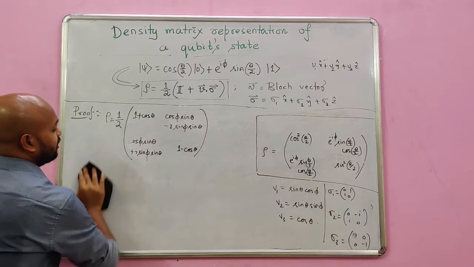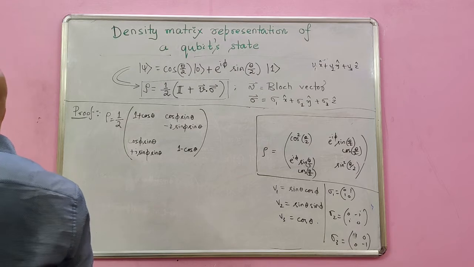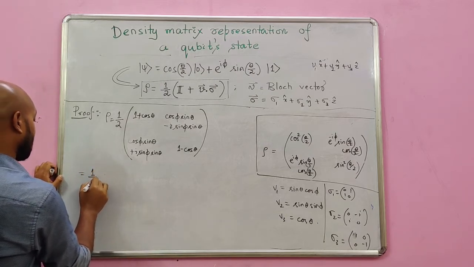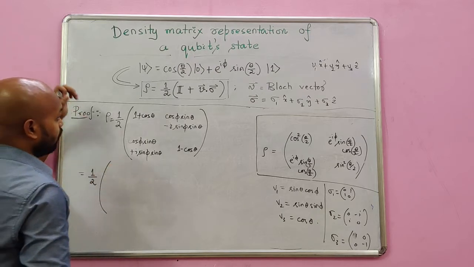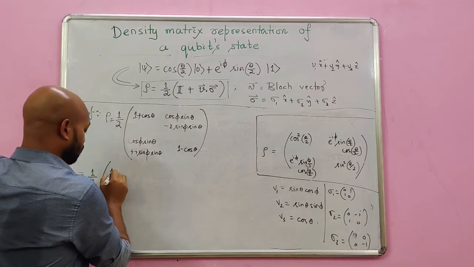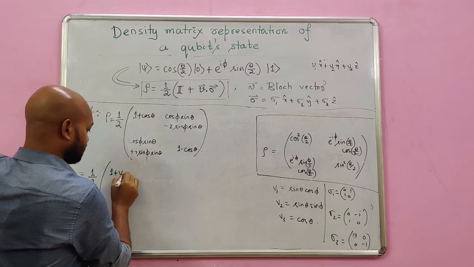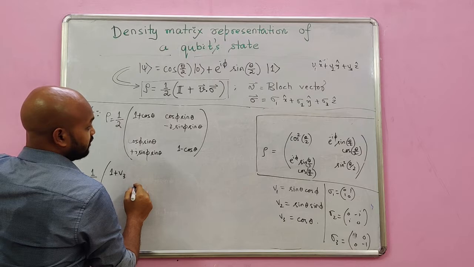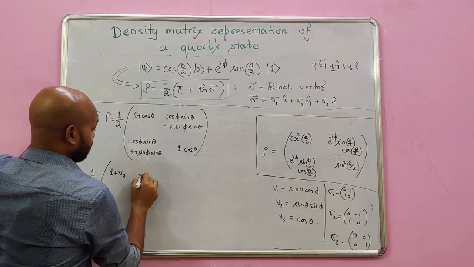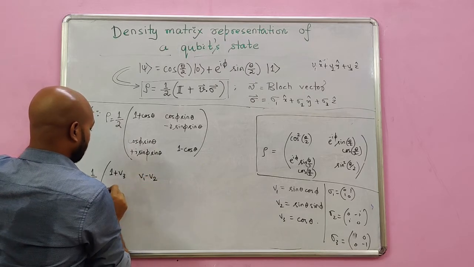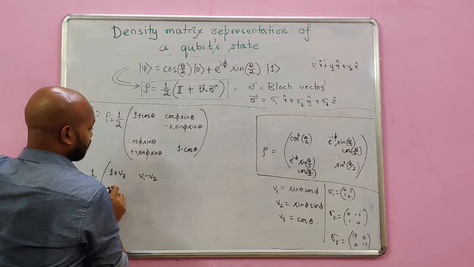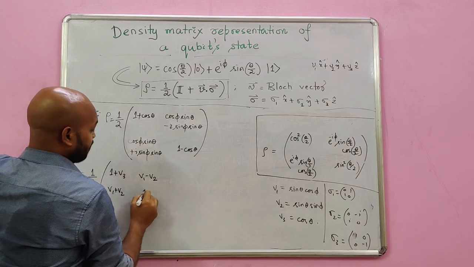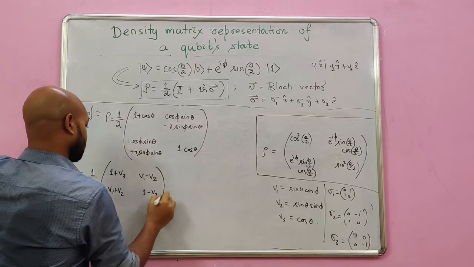So let me replace these cos and sin terms in terms of V1, V2 and V3, and what I get is half, 1 plus cos theta I write as 1 plus V3. This term becomes then sin theta cos phi, so V1 minus V2. Here I get V1 plus V2, and here I get 1 minus V3.